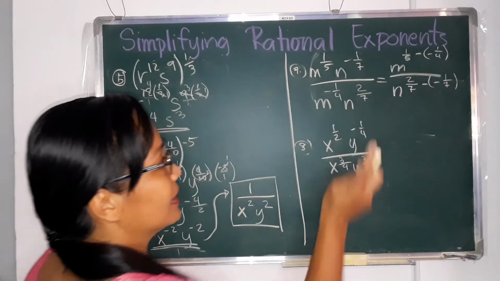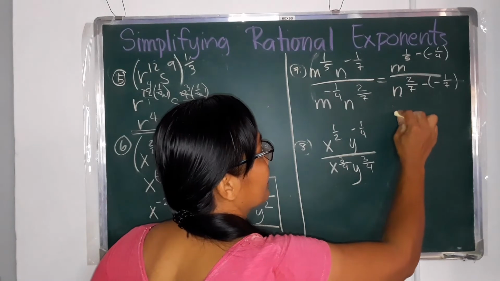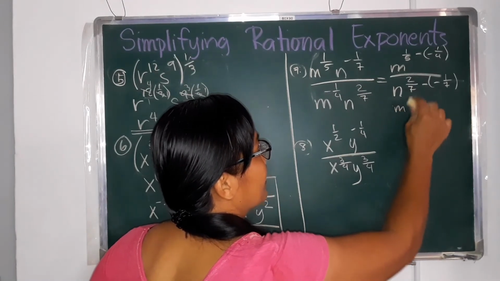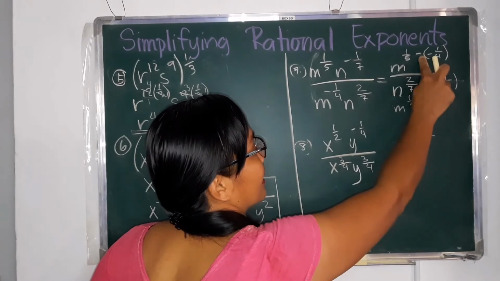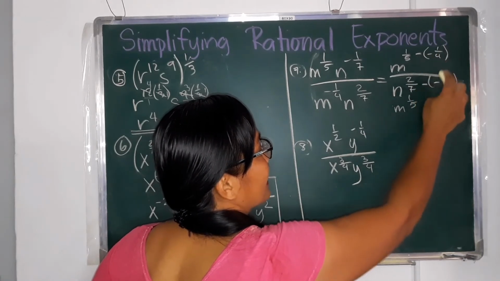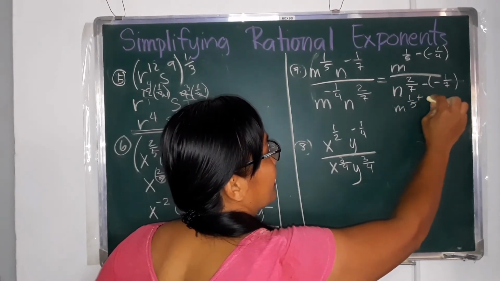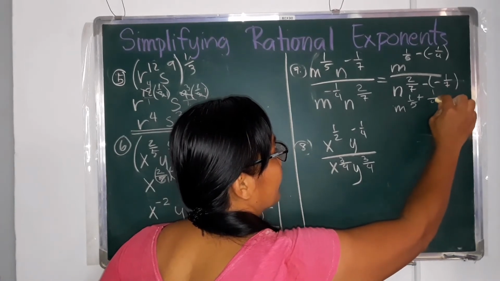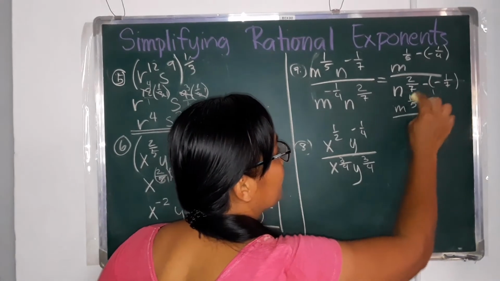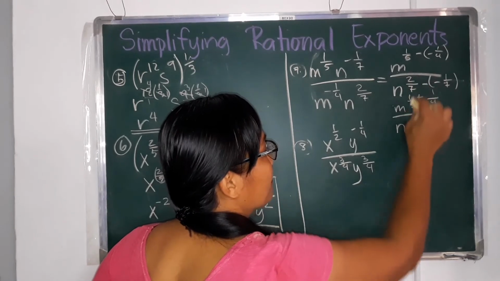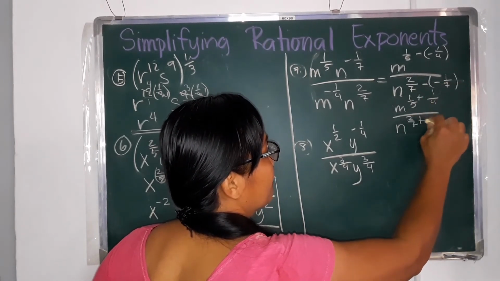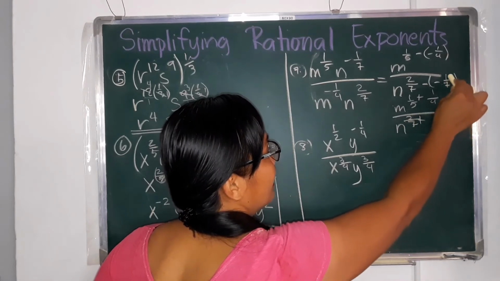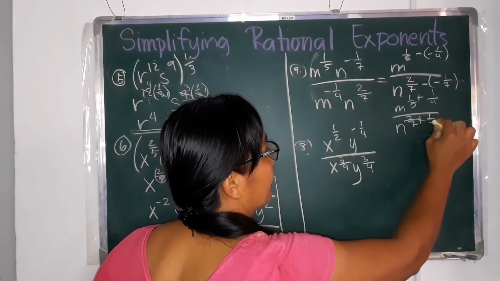After that, change, so m raised to 1/5, negative 1 times negative becomes positive, then 1/4 all over n, copy 2 over 7, negative times negative positive, and then 1/7.